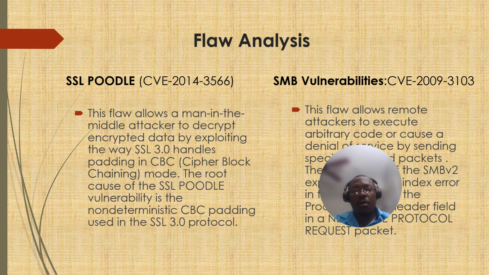This flaw allows remote attackers to execute arbitrary code or cause a denial of service by sending specially crafted packets. The root cause of the SMB version 2 exploit is an array index error in the handling of the process ID.